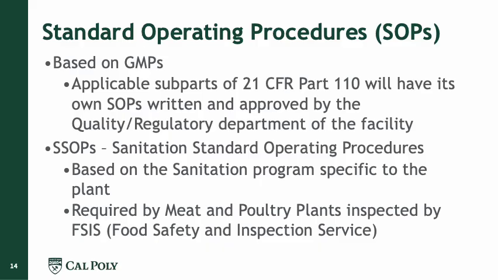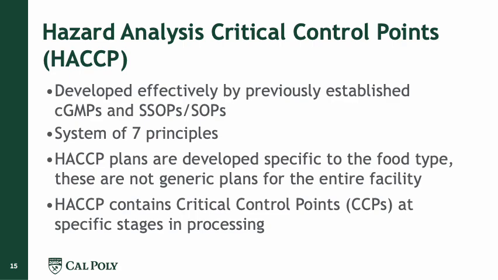Then the standard operating procedure will tell the employee how they have to cook it, how they have to measure the temperature, what that temperature is, and what will happen if they don't reach the temperature. What are the action plans? Are they going to discard it, or what is going to happen? So this is just an example of how companies have to prepare and what they have to do for our food to be safe.